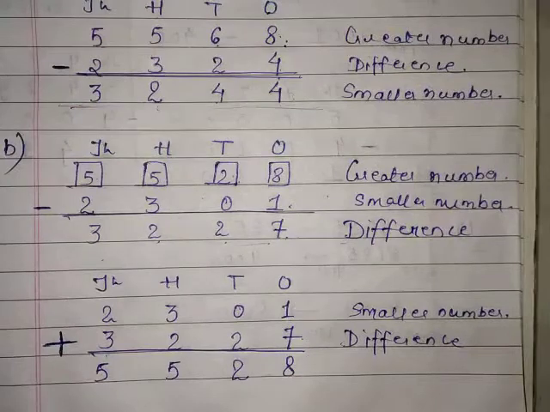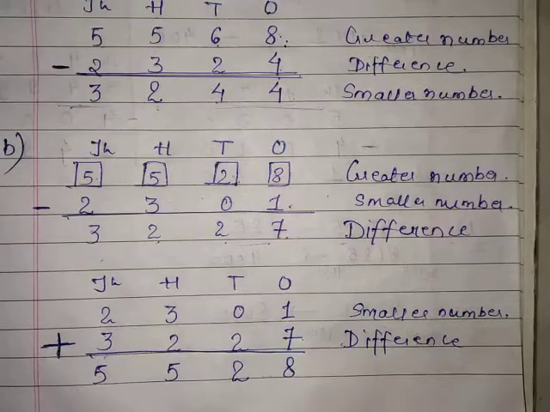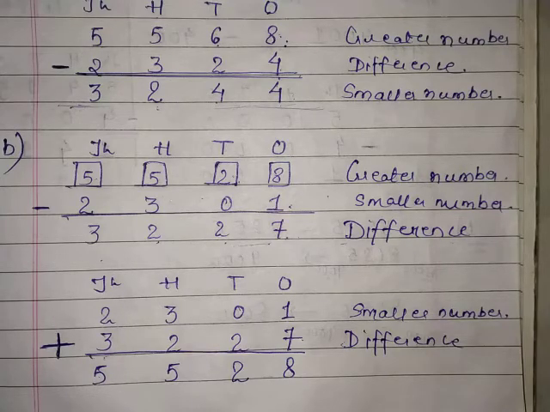So my dear children, I think that these questions are now clear to you. Now children, I will give you 2 questions based on the previous questions which we have solved.